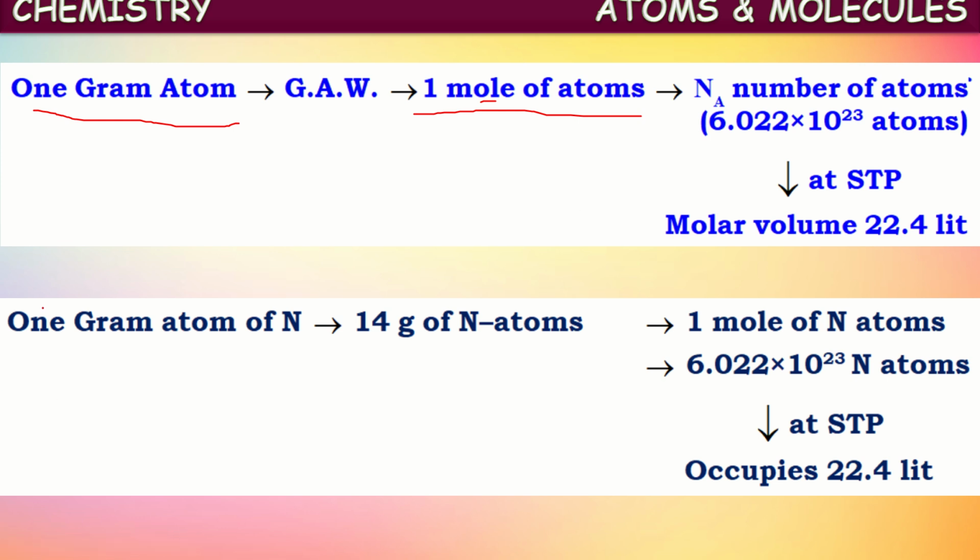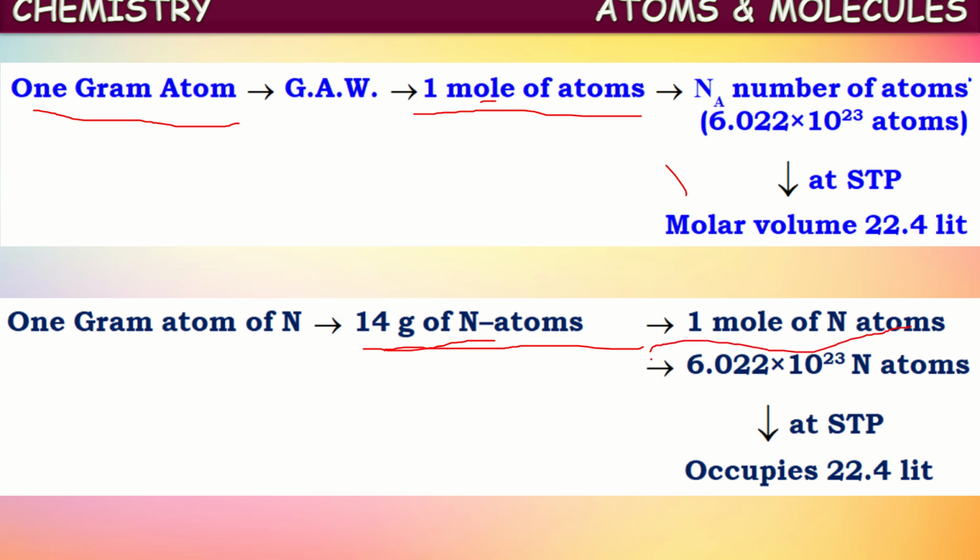Now an example. We'll consider 1 gram atom of nitrogen. The gram atomic weight of nitrogen is 14 grams. So 1 gram atom of nitrogen is 14 grams of nitrogen atoms. 14 grams of nitrogen atoms is equal to 1 mole of nitrogen atoms.